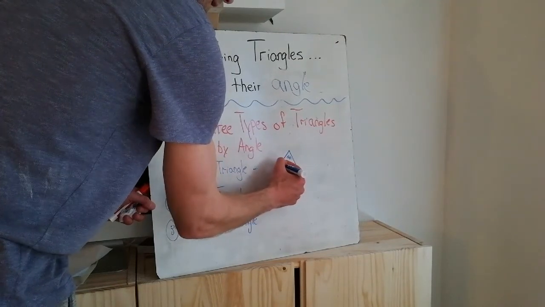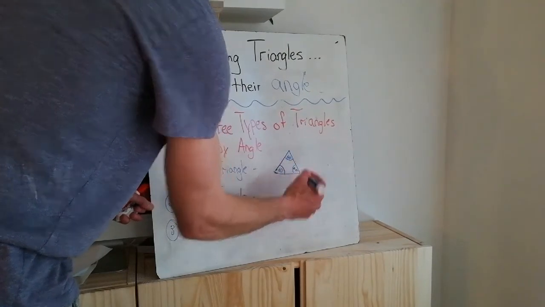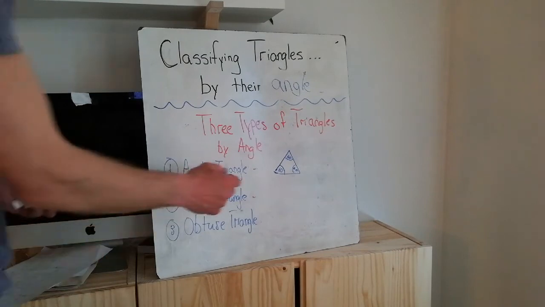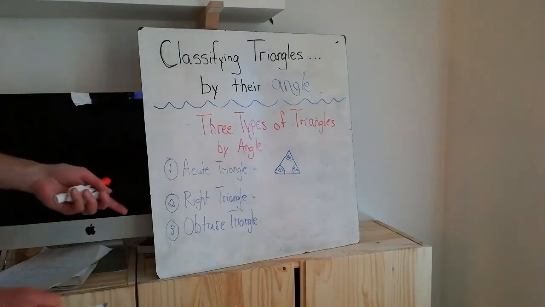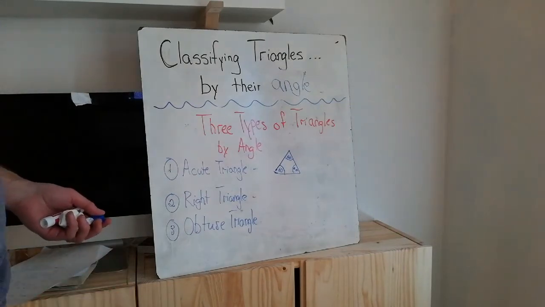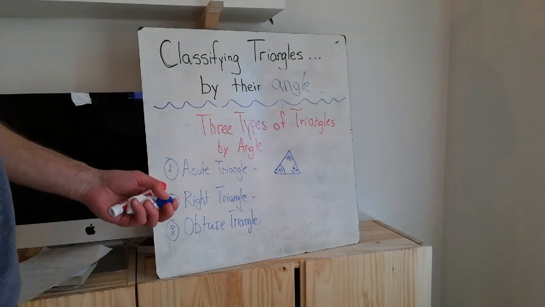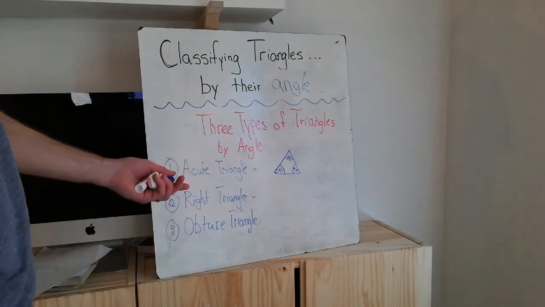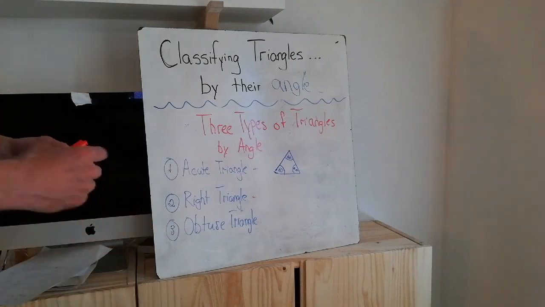So these angles here would be all 60 degrees. So they're all less than 90, therefore it's an acute triangle. They don't all necessarily have to be the same measurement, but they're all less than 90. Like one could be 70, one could be 50, one could be 60. If they're all less than 90, it makes it an acute triangle.